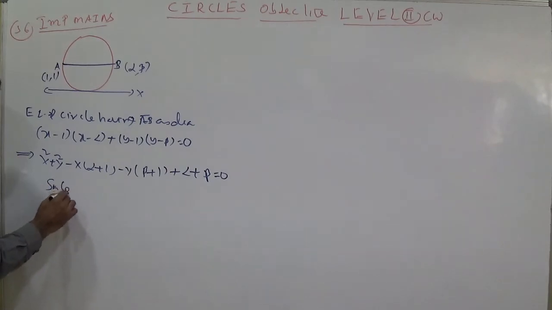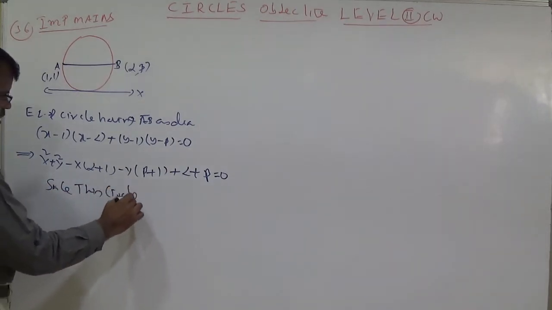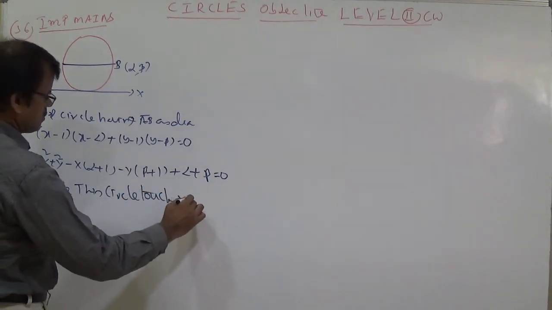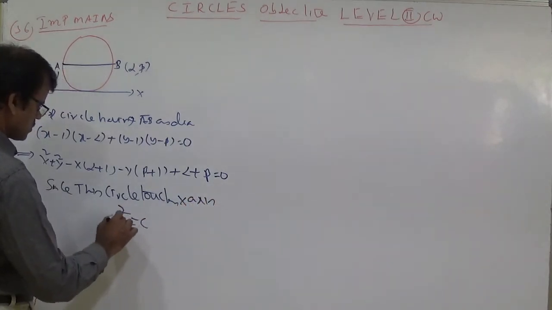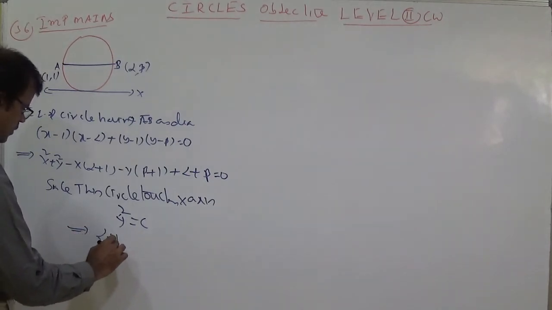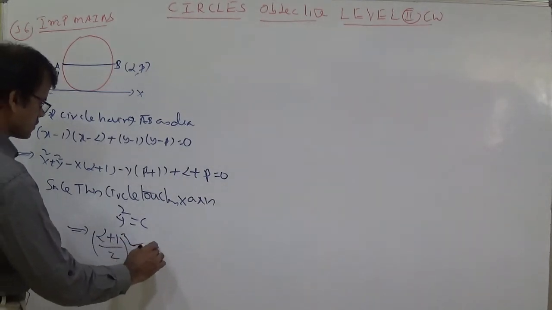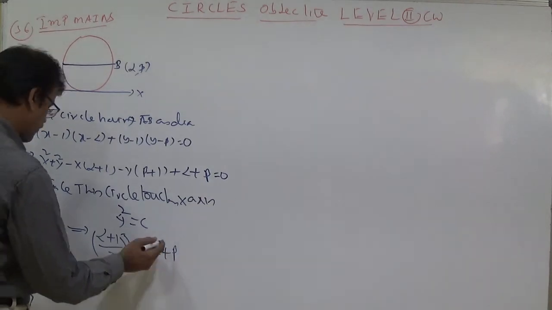Since this circle touches the x-axis, use g square is equal to c. That implies ((alpha plus 1) by 2) whole square is equal to c, which is alpha plus beta.